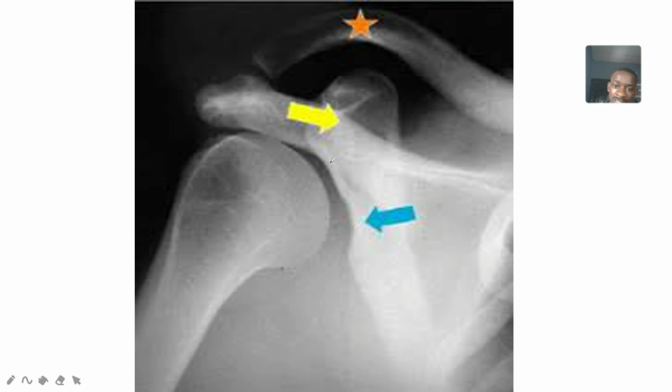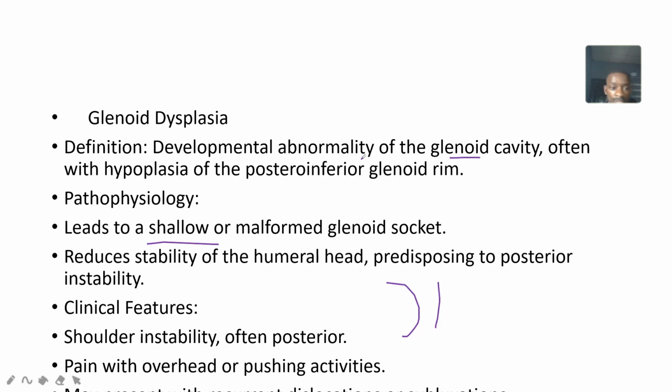The glenoid cavity is supposed to be deep like this, so the humerus head will fit very well to make your shoulder very stable. But you can have a dysplasia where it's not developing very well.